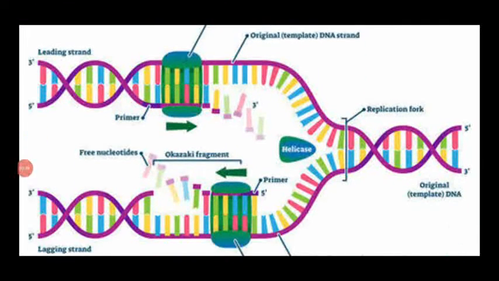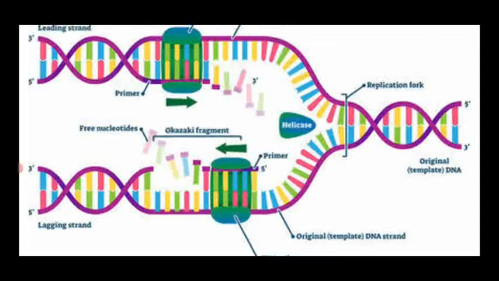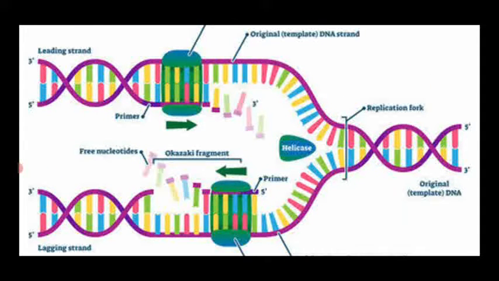Dear students, this is the replication of DNA. The replication fork takes place. The 3-prime and 5-prime strands of DNA are divided into two forks.